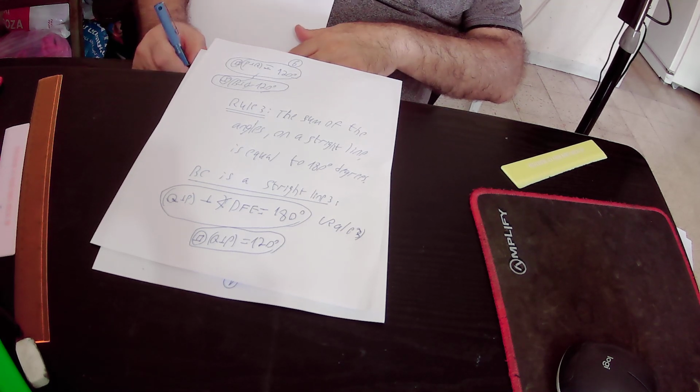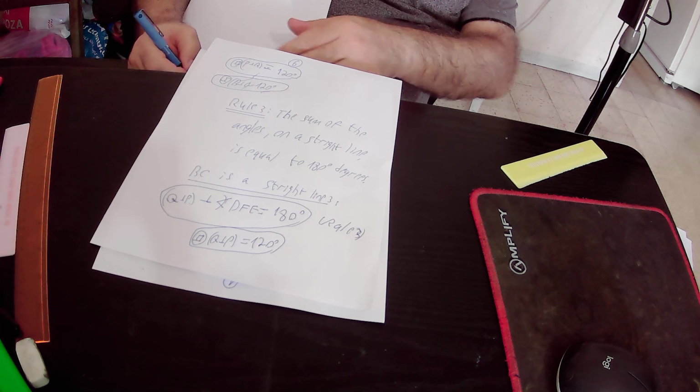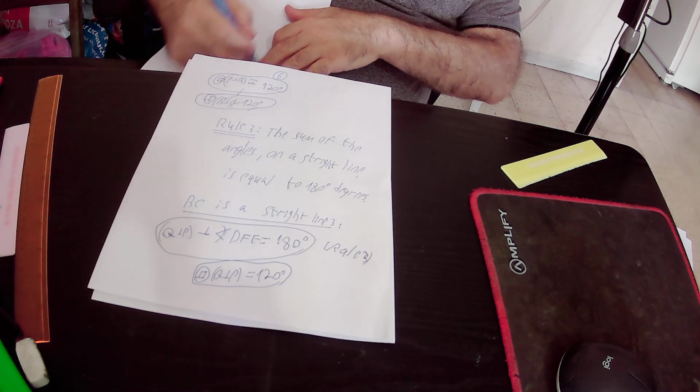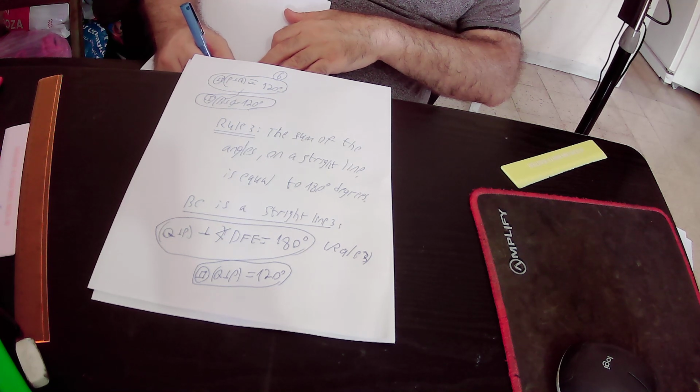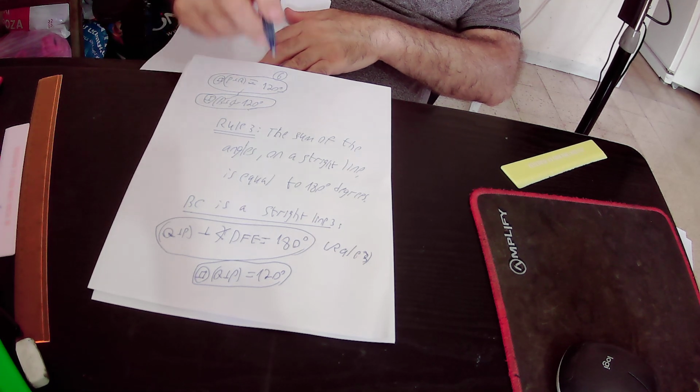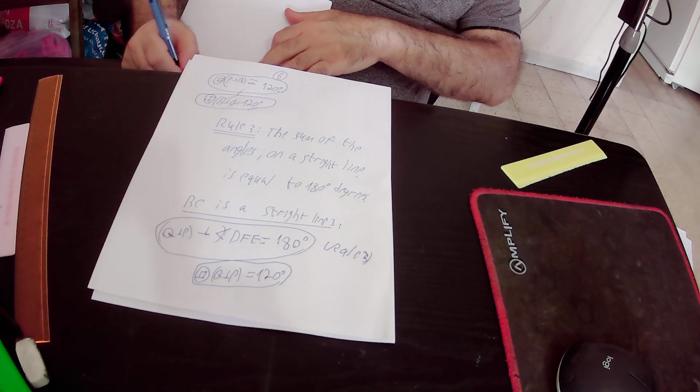So we'll do it now. Instead of Q plus P in this equality, we will write down 120 degrees plus angle DFE must be equal to 180 degrees according to rule number 3.